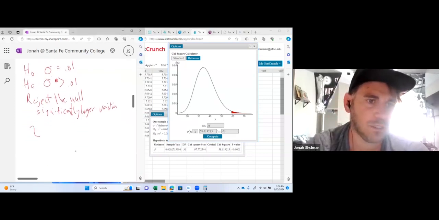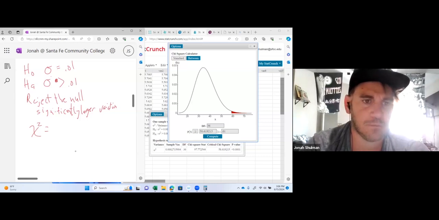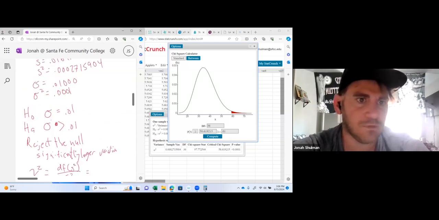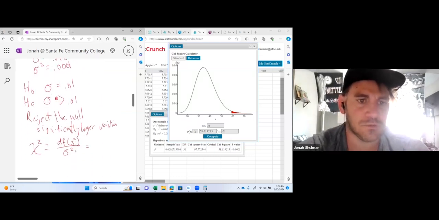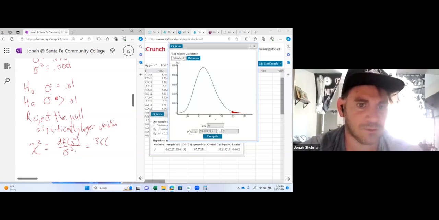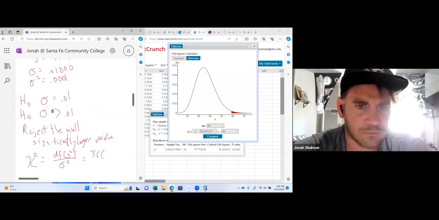So chi-squared equals your degrees of freedom times the sample variance over the population variance. That's all it is. So to get this value, all I have to do is do 36 times my sample variance, which is 0.000271.